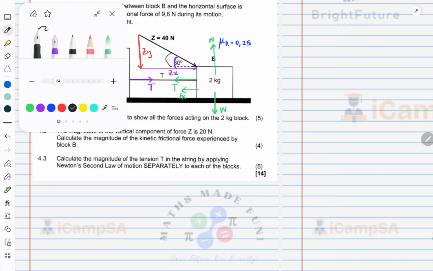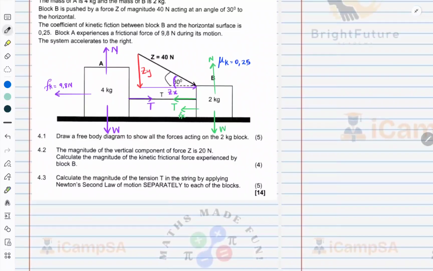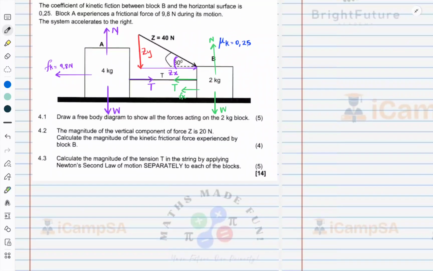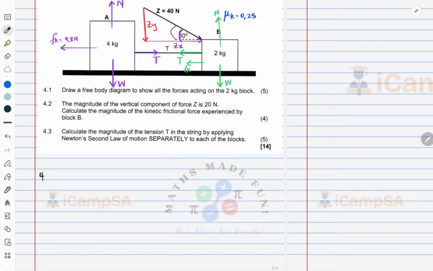Now we are coming to 4.1. Draw a free body diagram to show all the forces acting on the 2 kilogram block. For the 2 kilogram block, we've already annotated that block, so it shouldn't be an issue to draw our free body diagram because we'll just copy from there.